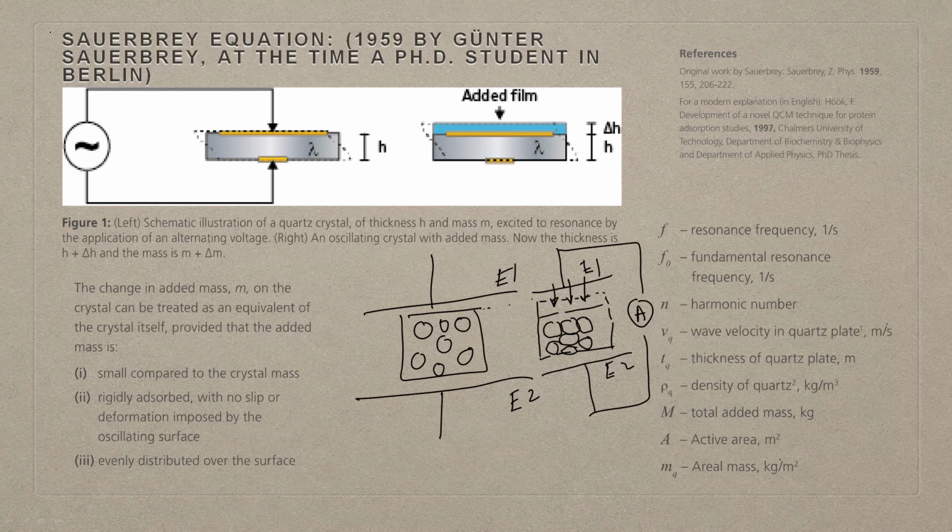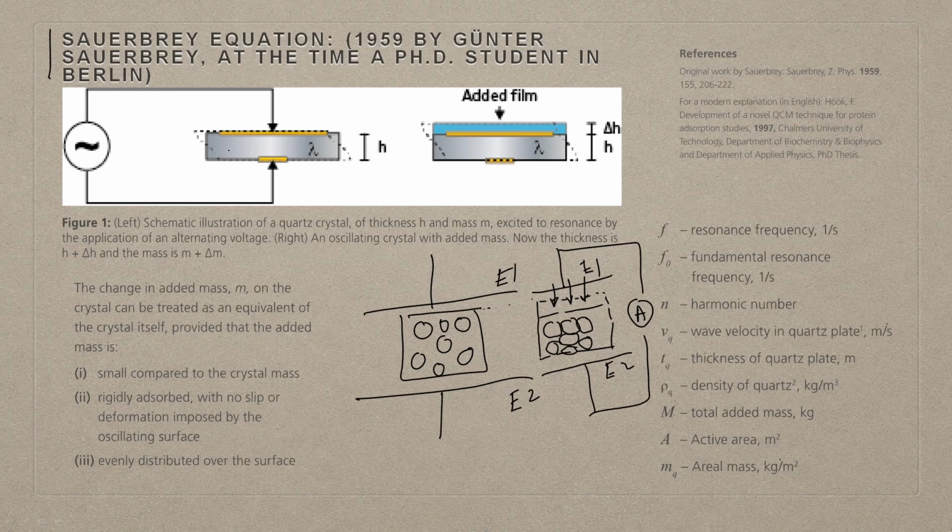So, now let us go to the details of it. Here is a name I mentioned, the Sauerbrey equation. Gunther Sauerbrey in 1959, during his PhD work, gave the whole idea of the quartz crystal microbalance.